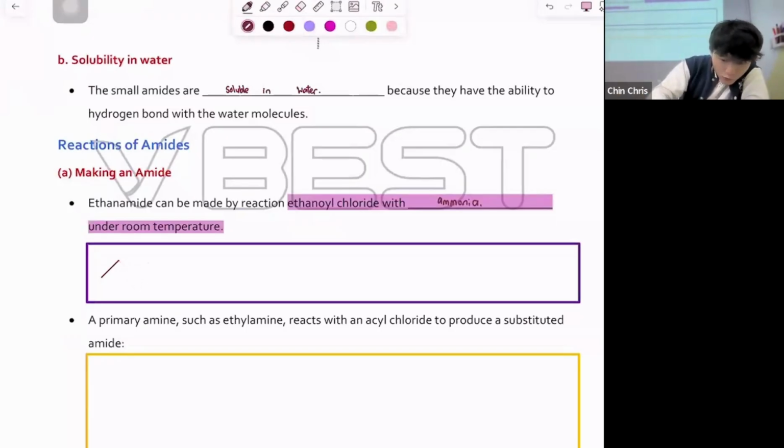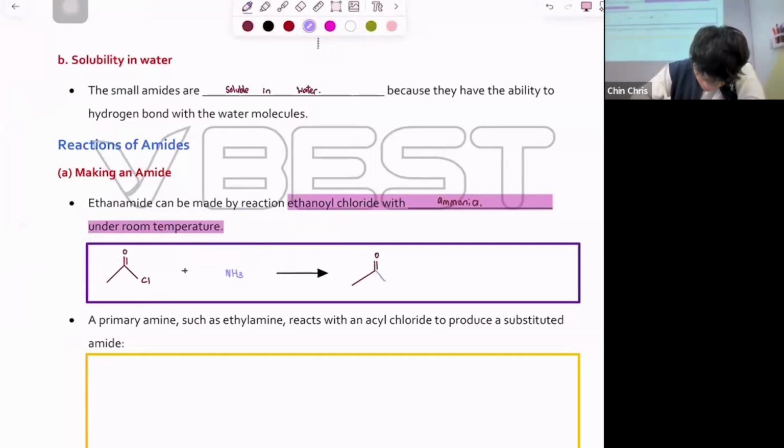So I draw my ethanoyl first. Sorry, my bad. Ethanoyl chloride. Add NH3. What do you get? Ethanamide.